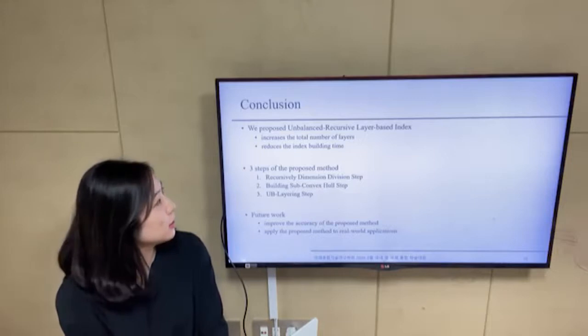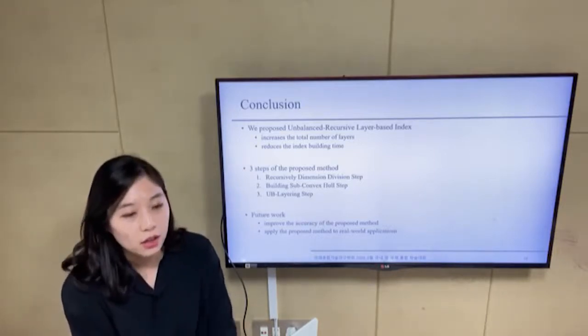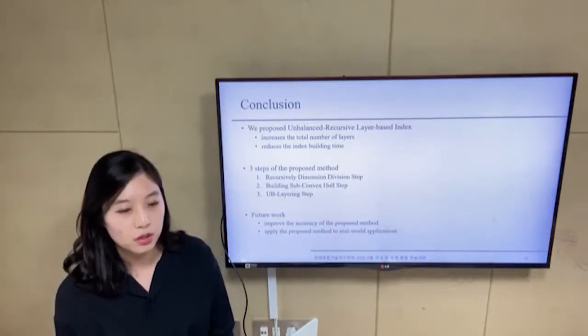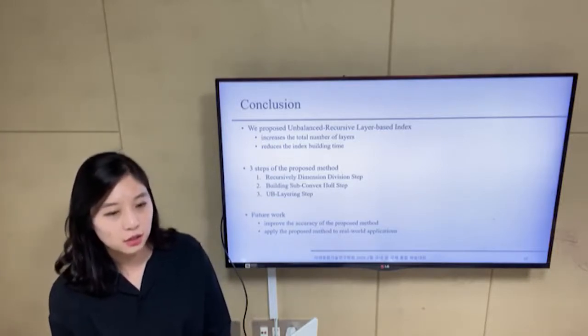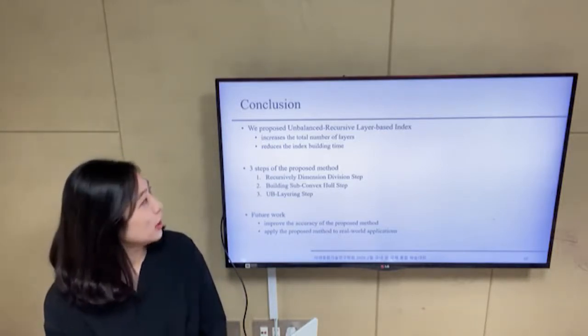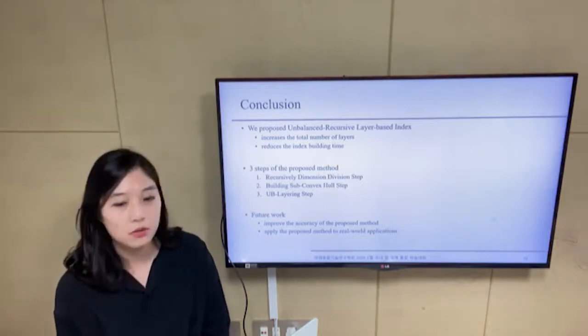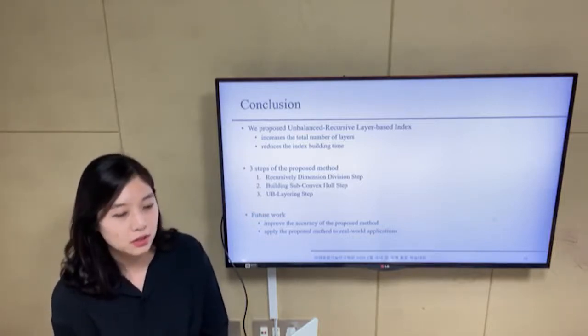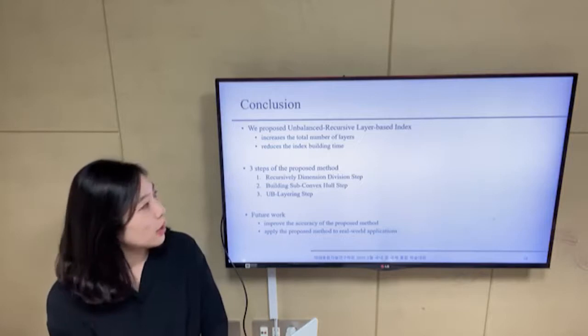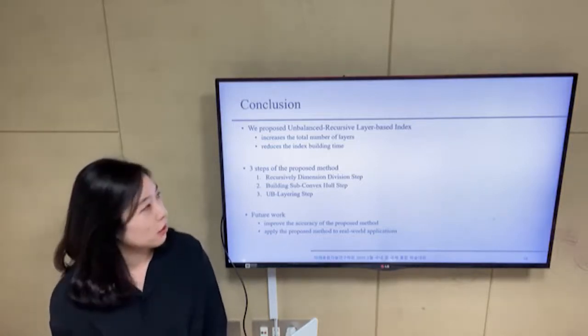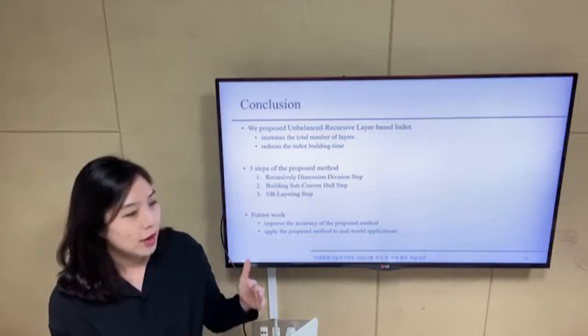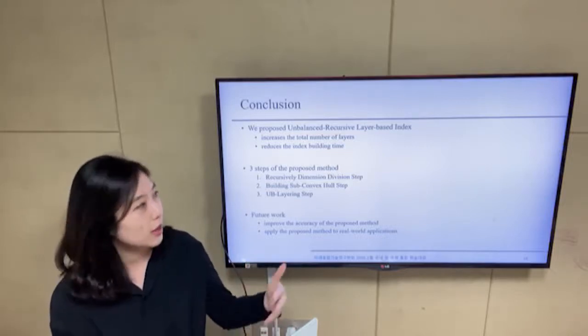So this is the conclusion. We have proposed a balanced recursive layer-based index, which increases the total number of layers and reduces the index building time. In the retrieval system, the query finds the layer by layer.